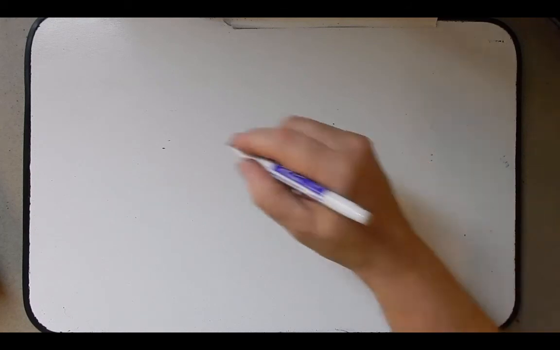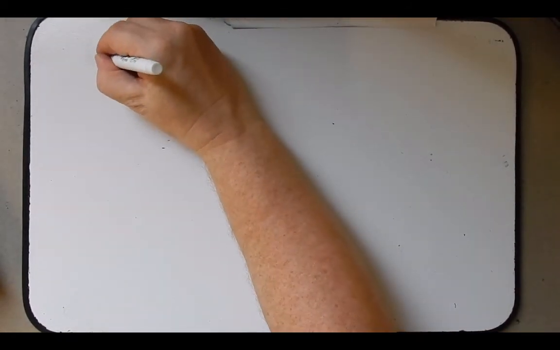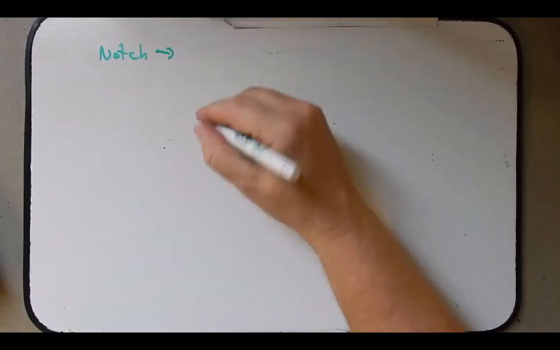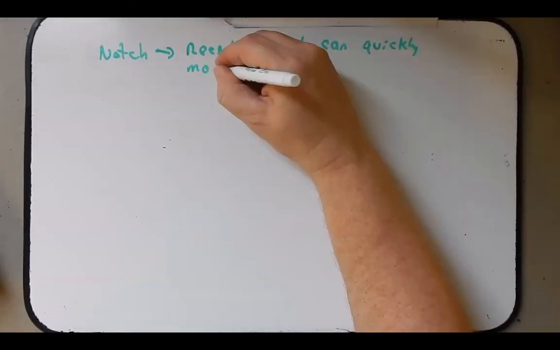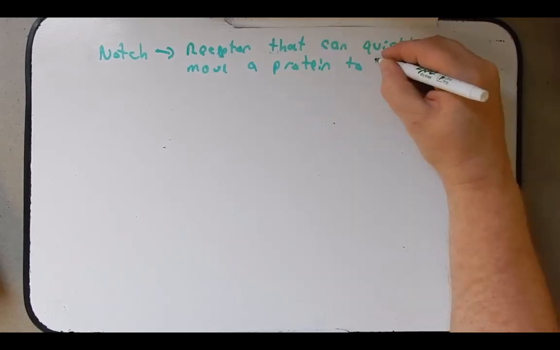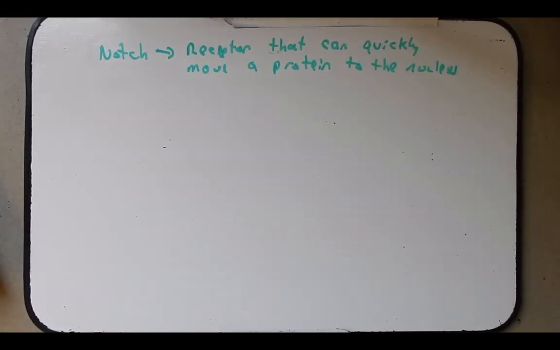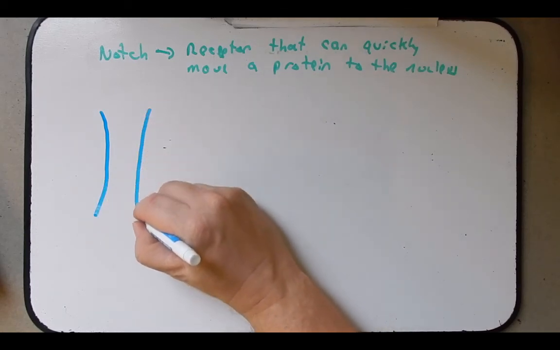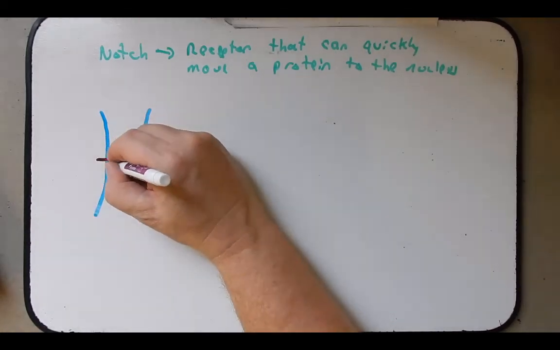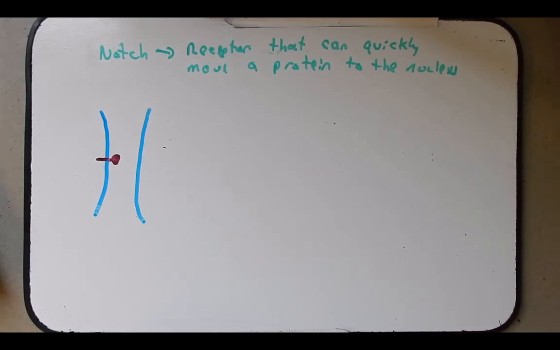Now the last pathway I want to talk about is a pathway involving this protein called Notch. Notch is an example of a receptor that can quickly move a protein to the nucleus. So let me draw how this works here. So we'll draw one cell here and then another cell here. This cell will have a signaling molecule attached to it.